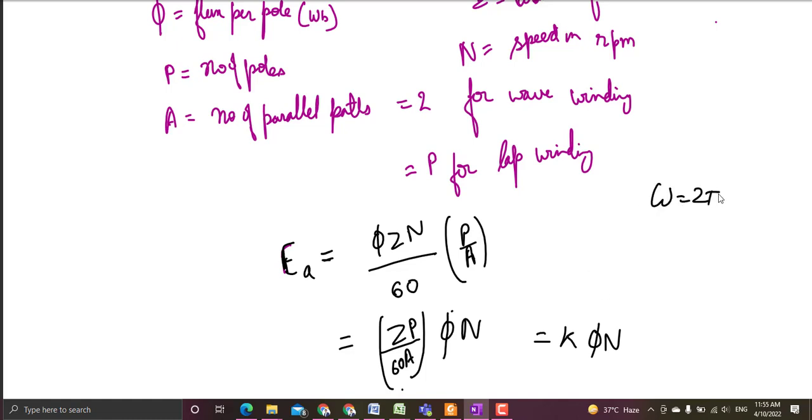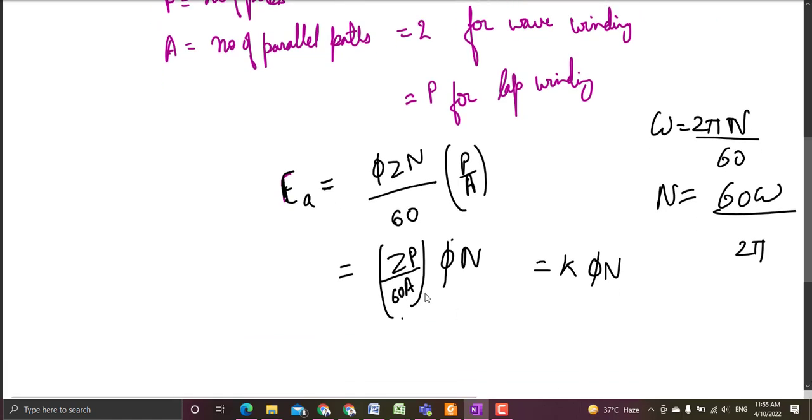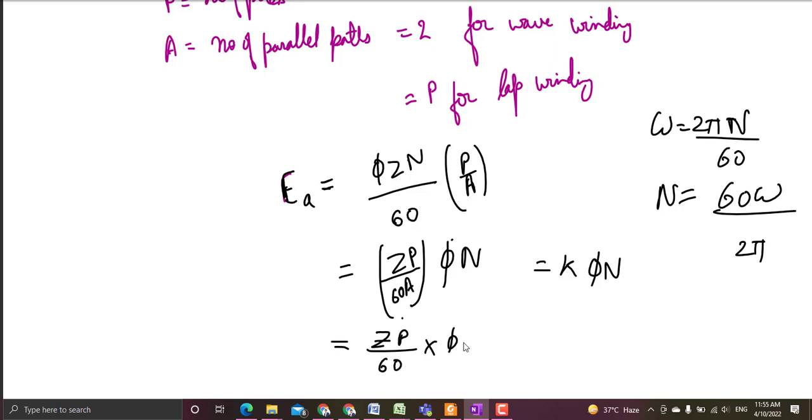N can also be replaced using omega equal to 2 pi N upon 60, so N is 60 into omega divided by 2 pi. So this same expression I can write in terms of omega as Z P divided by 60A into phi, and in place of N I write 60 into omega divided by 2 pi.